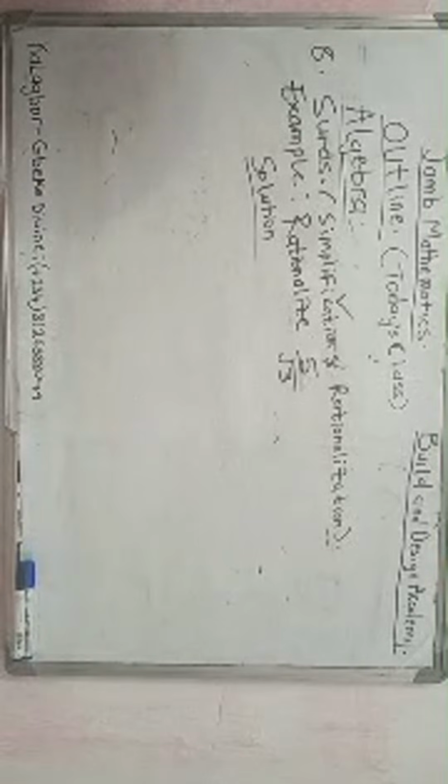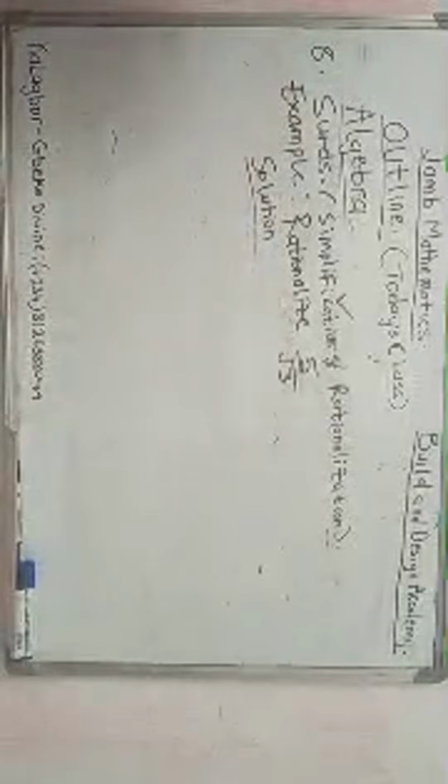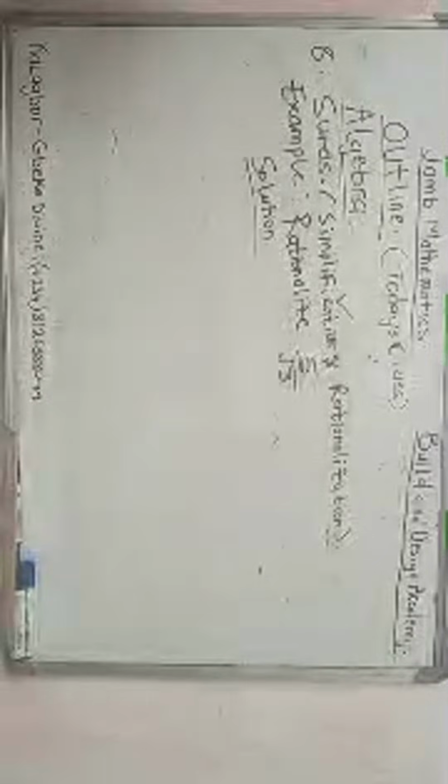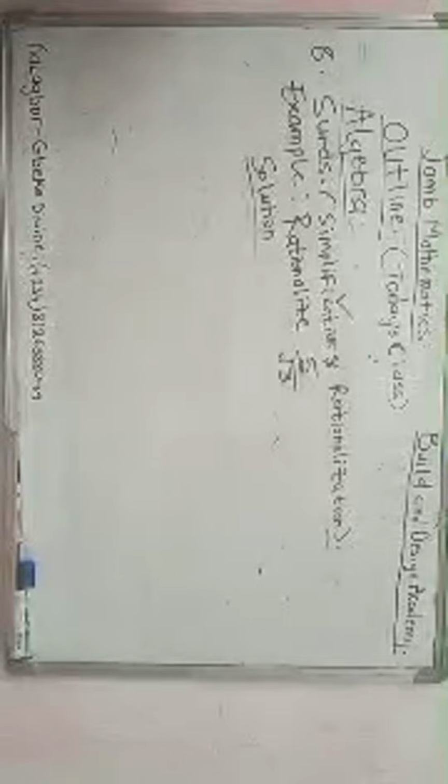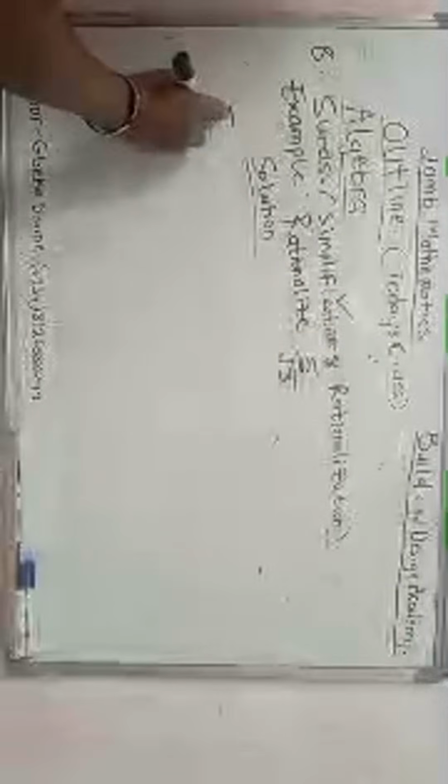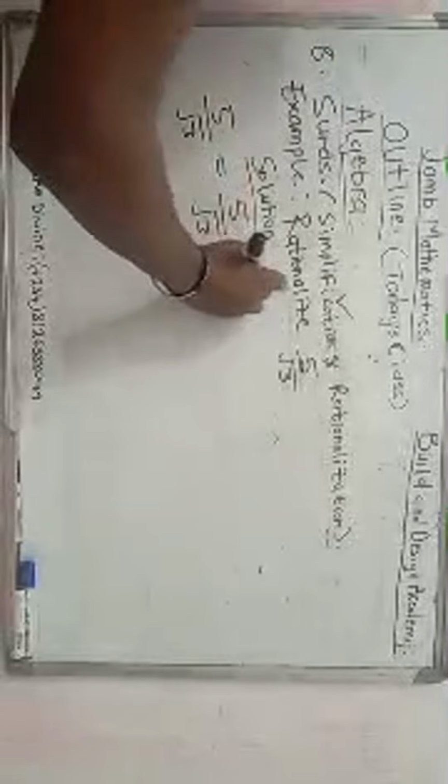When we look at this, first of all, we cannot have a square root sign in the denominator. It is very wrong. So in order to eliminate this square root sign, we need to rationalize the denominator. How do we rationalize the denominator? We multiply both the numerator and the denominator by this denominator. So 5 over root 3 equals 5 times root 3 over root 3 times root 3.